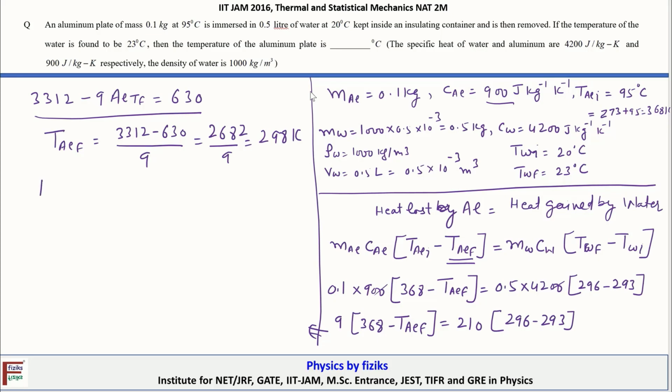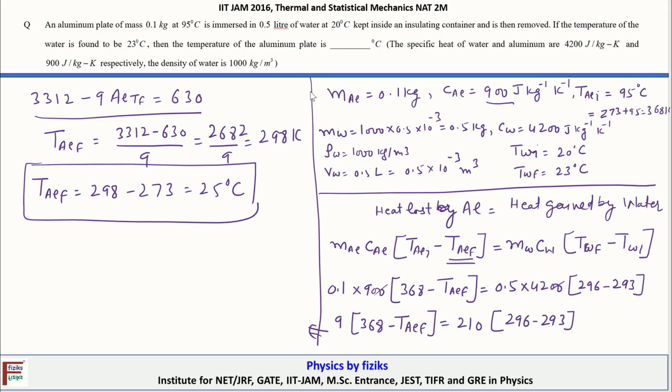Therefore in degree Celsius this can be written as T aluminum final equal to 298 minus 273, and this is equal to 25 degrees Celsius. So this is our final answer. The final temperature of aluminum is 25 degrees Celsius. So that is our answer.